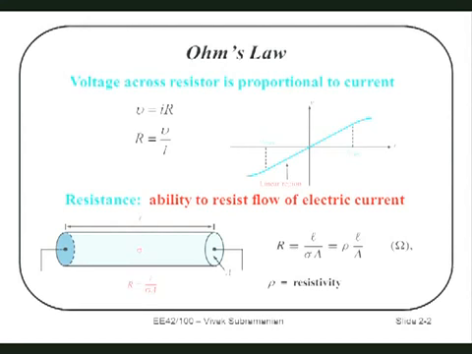Voltage is proportional to current, current is proportional to voltage, which means I should get a straight line, which I do. But in fact, for virtually every material that we use, there is some range in which it becomes nonlinear. Typically what happens is it saturates. In other words, I will keep increasing my current, but my voltage won't change. Or in other words, as I keep increasing my voltage, my current will no longer be proportional. So for most components, there's a limited range over which Ohm's law works.